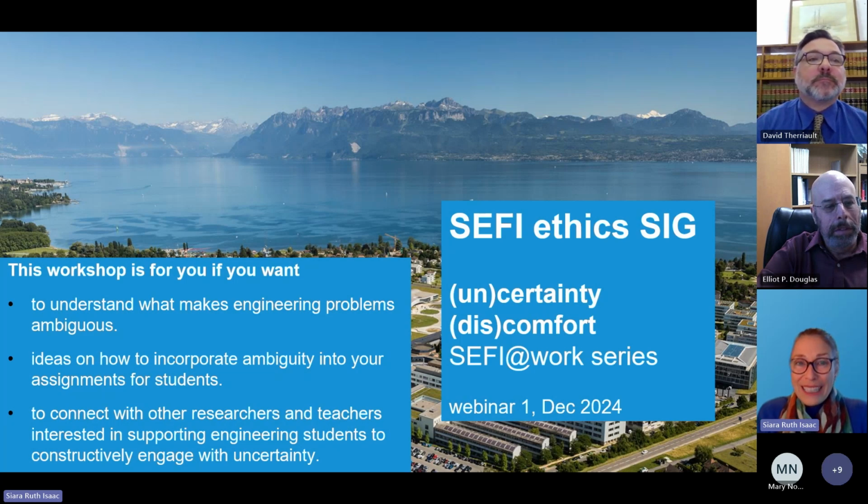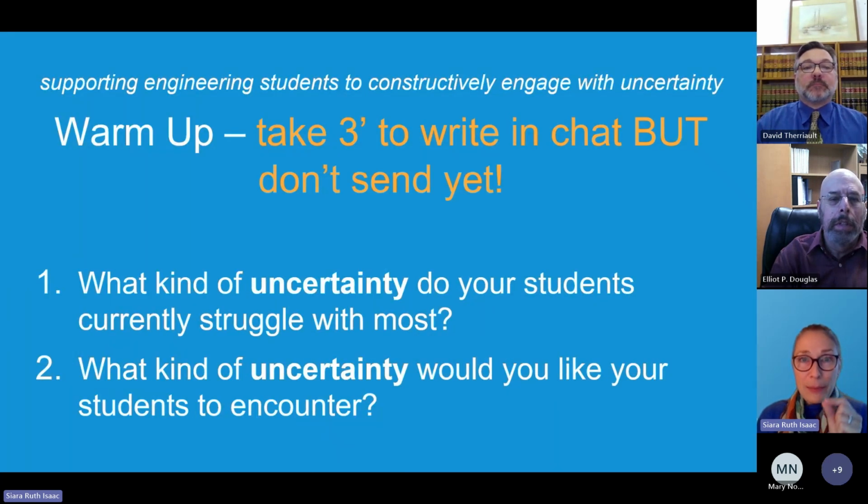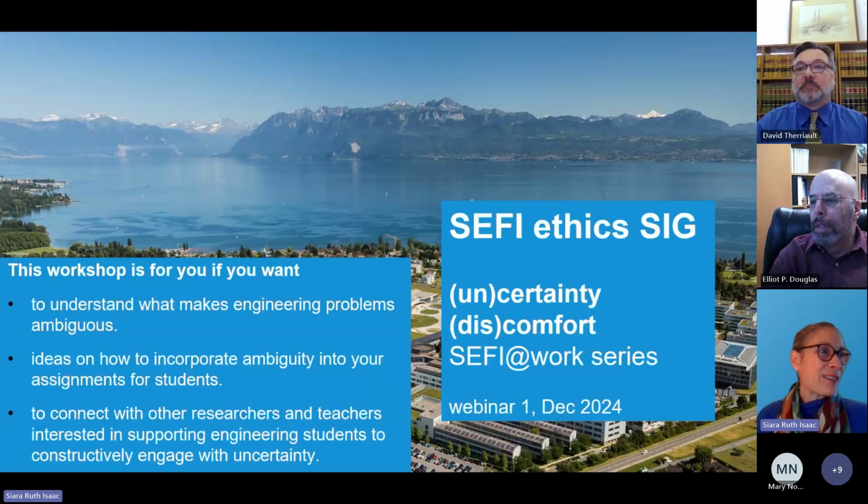And since we're all here temporarily together, to connect with each other about what we're doing around uncertainty and ambiguity, and what we could be doing, and what we think is important, and what questions we're still having. So we're actually going to start with that third piece, connecting with others around their questions here.